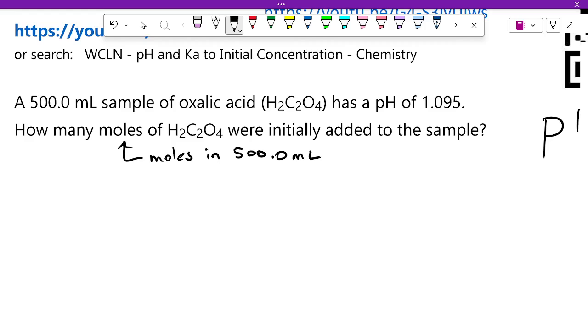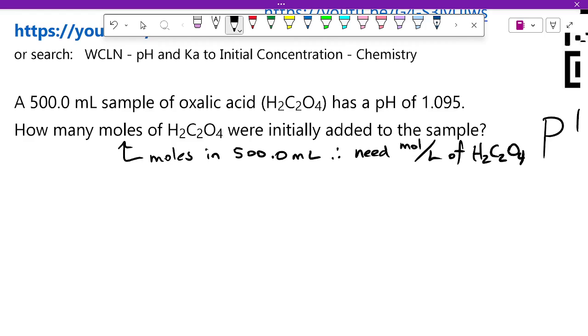In order to find the moles in 500 milliliters, what we really want is the moles per liter. What do we need the moles per liter of? We want the moles per liter of H2C2O4. And moles per liter of H2C2O4 is called the what of H2C2O4?